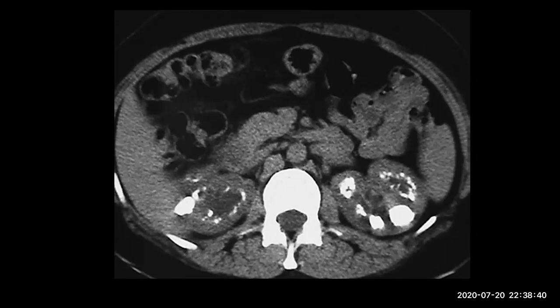Hypervitaminosis D. Sarcoidosis can also be a cause.